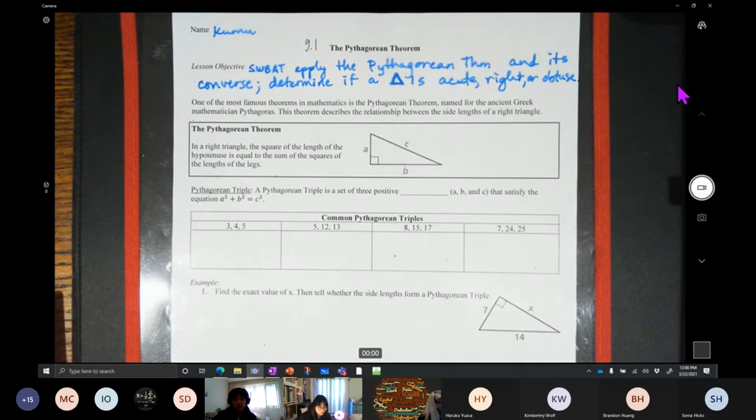Okay, so done with my reminiscing. I'm going to go through this quick because I know you guys all know this. You just need a reminder. First of all, you need a right triangle.